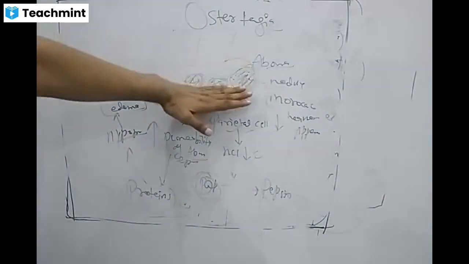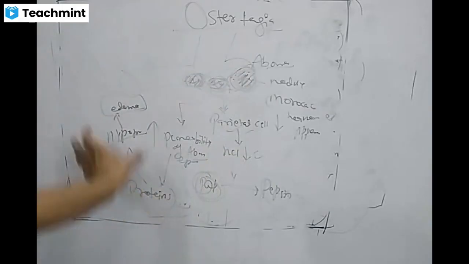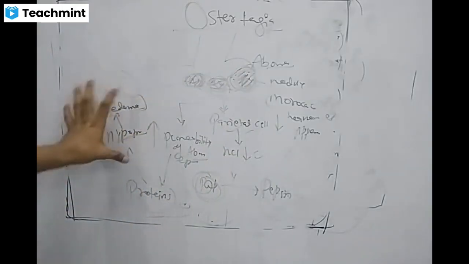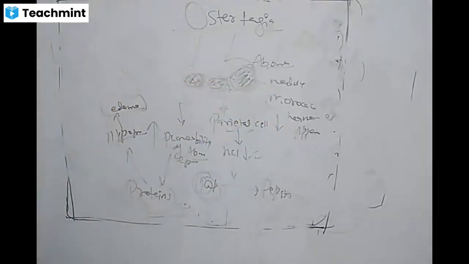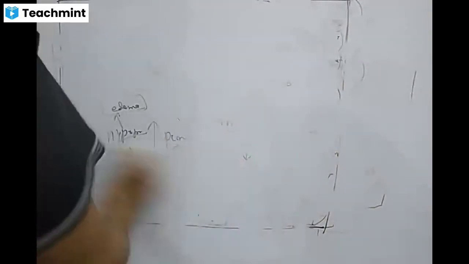So, gastric gland destroyed, fewer parietal cells, less HCl, more permeability, protein loss, hypoalbuminemia, hypoproteinemia, then edema. So, edema and hyperplasia, nodular appearance. These things are related with ostertagiasis. Because it is affecting the abomasum, there may be diarrhea also.